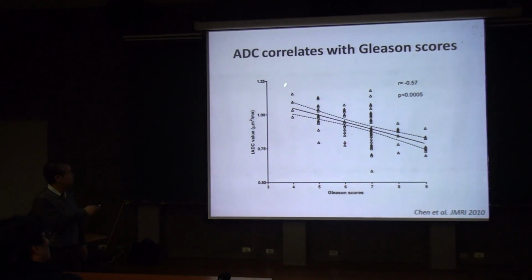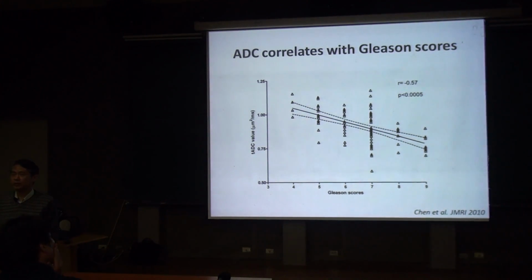Okay, so each point represents a patient. We collected many patients and we measured the diffusion image, and also they got biopsy, so they have their Gleason score, and then we do the correlation and get this result. So this is one application of the diffusion MRI.